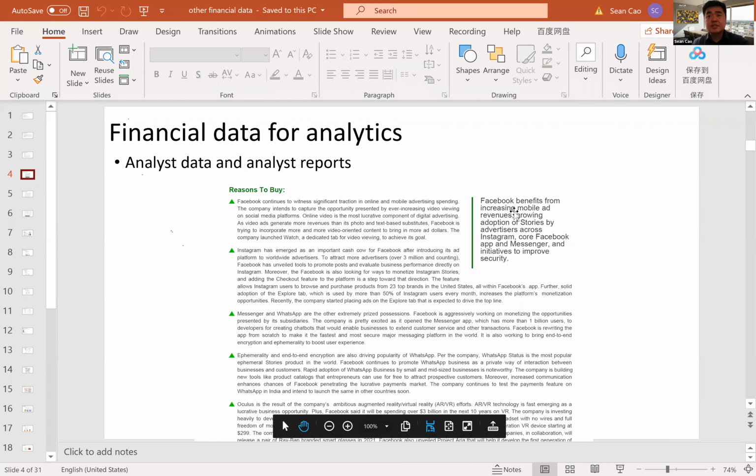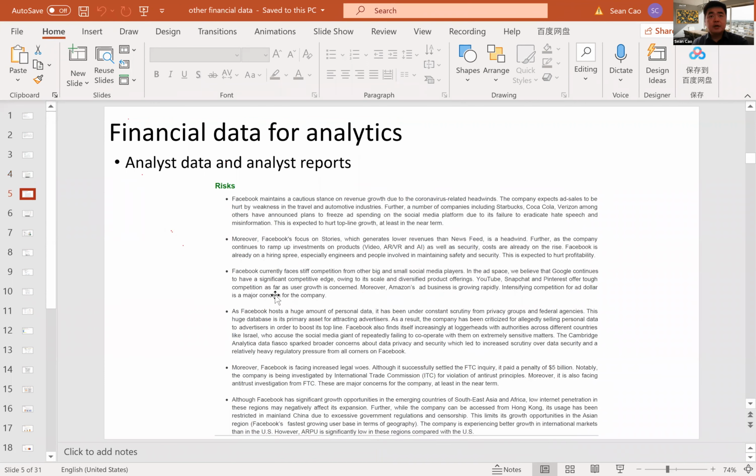You can look at the summary here: they think Facebook benefited from increasing mobile revenue. It's not from PC, it's from mobile. So you can do some textual analysis on these to figure out whether you can trust their buy recommendation or not.